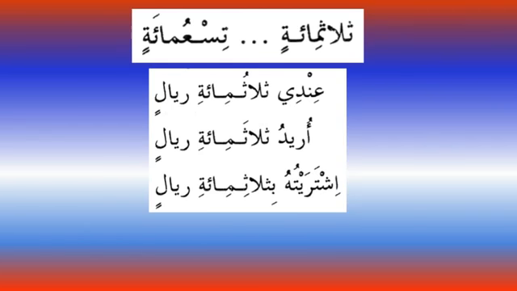So uridu thalatha mi'ati. Thalatha is your maf'ulun bihi, which is a mudaf, and mi'ati is mudaf ilayhi. So it's not thalatha mi'ata, it is thalatha mi'ati. Ishtaraytuhu, I bought it, bi thalathi mi'ati. So only the first part is mu'arab, and that combination is mudaf, mudaf ilayhi.